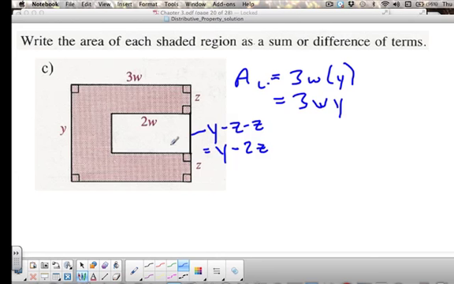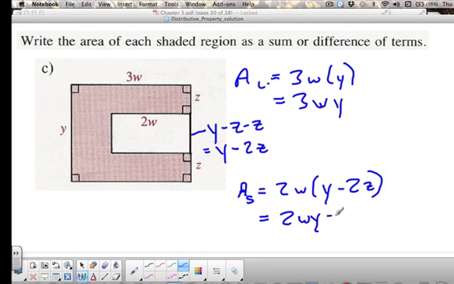To calculate the area of this white rectangle, the smaller rectangle, it's going to be 2w times y minus 2z, which is equal to 2wy subtract 4wz, when you multiply 2w times negative 2z. So that's the area of our small rectangle.